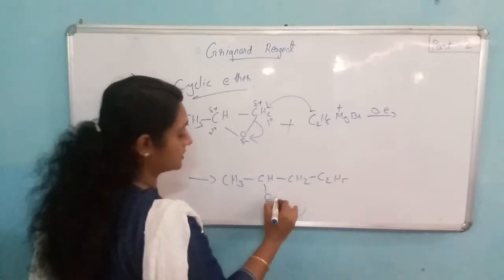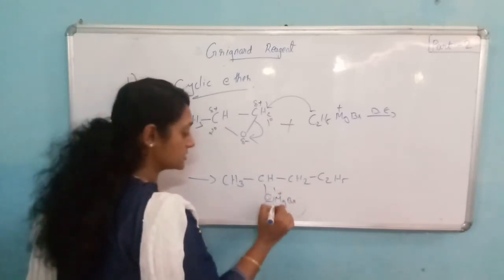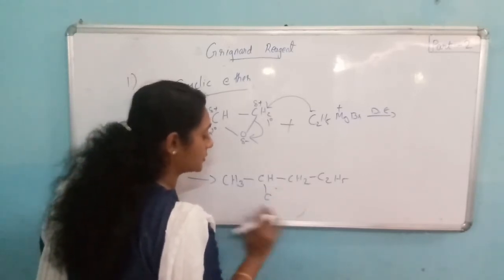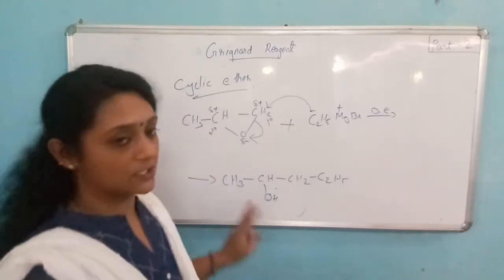Okay, O minus, here comes MgBr, and on hydrolysis we get the product with OH. Okay, this is a secondary alcohol.